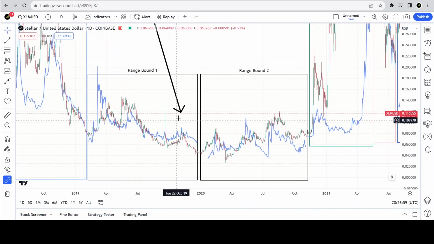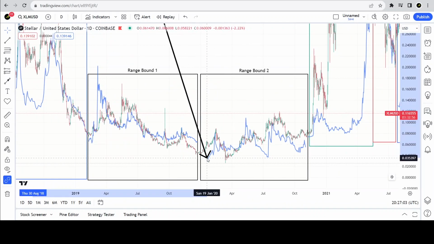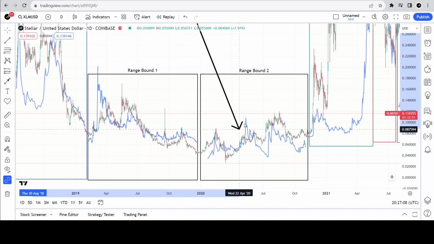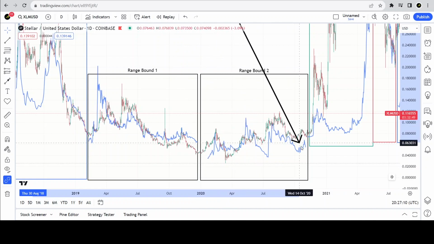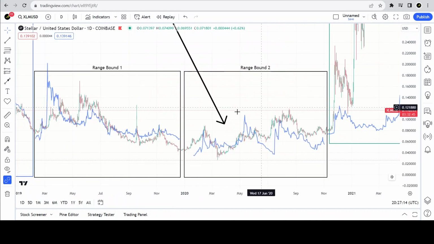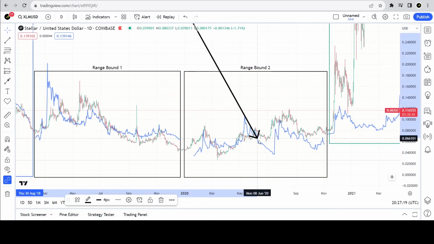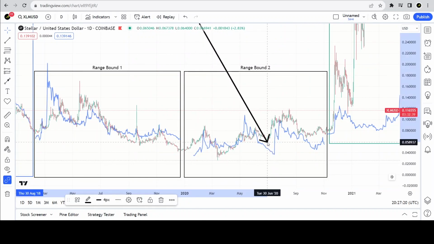Now, in the next range-bound fractal, range-bound fractal 2, we have the same idea being repeated with the 3 waves, 1, 2, 3, and then eventually moving up into the bull run structure. But we see that originally this wave went way lower than it did the second time around.